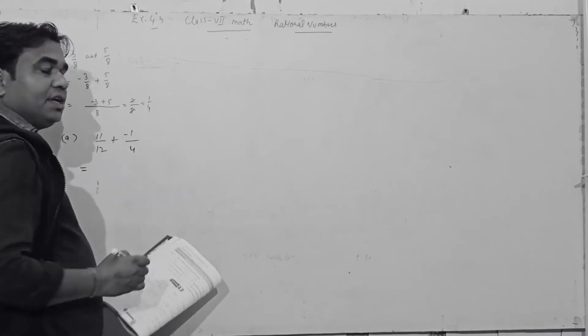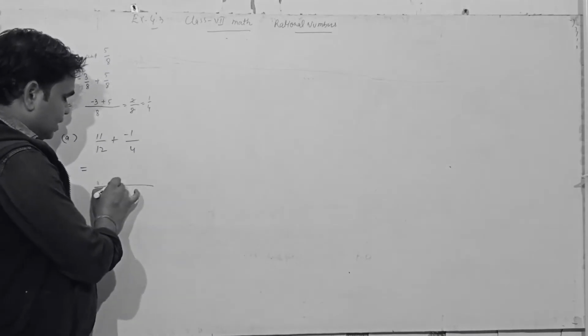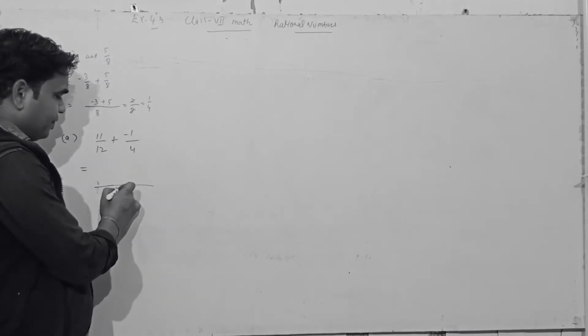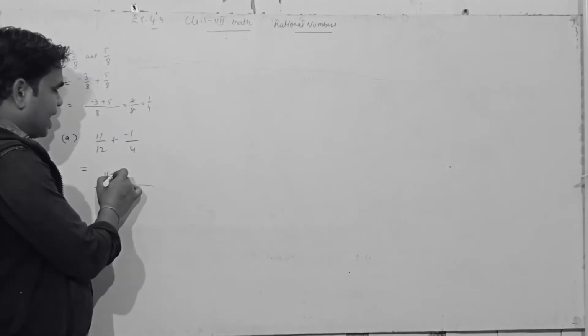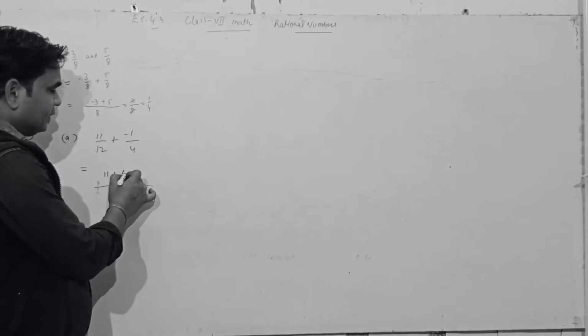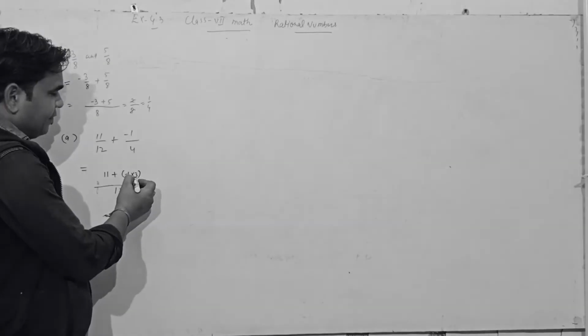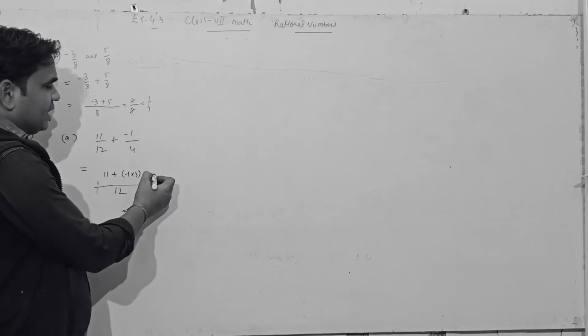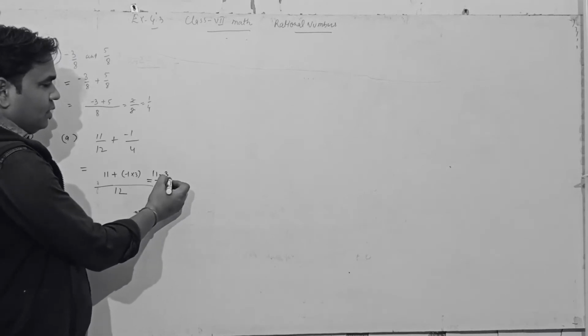Students, here we take LCM 12, and after taking the LCM we write 4 threes are 12, so multiply by 3. So we write 11 minus 3 over 12.